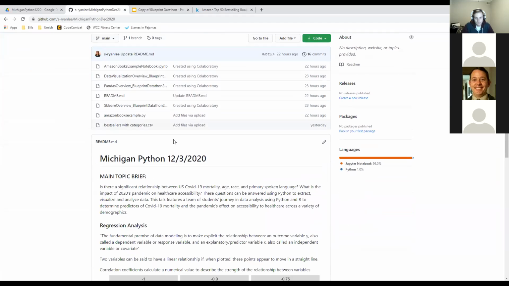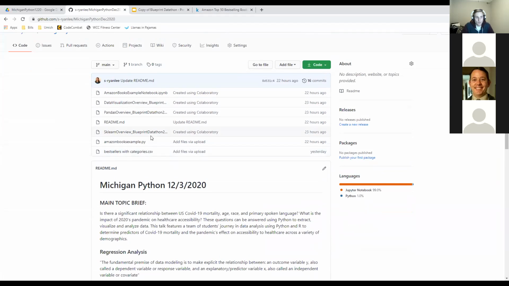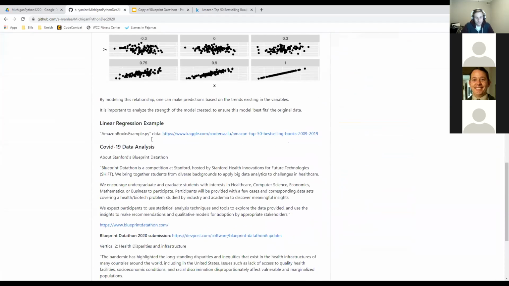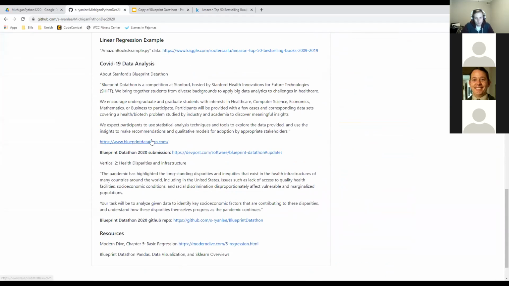As I said earlier, I participated earlier in the semester in the Blueprint Datathon, which is hosted by Stanford. I just have some information on Stanford's organization here. If you want to know more about the Datathon, there's some links here.